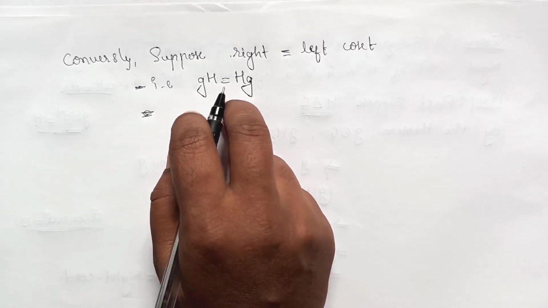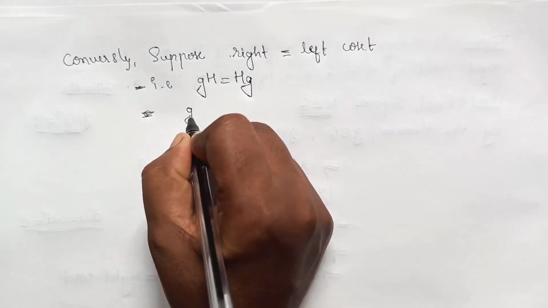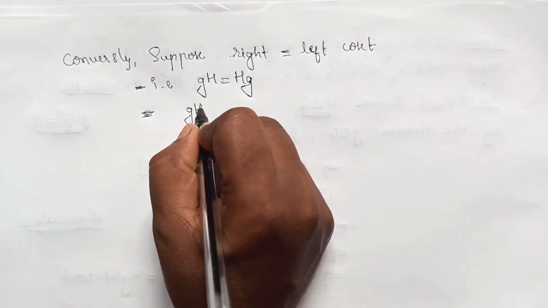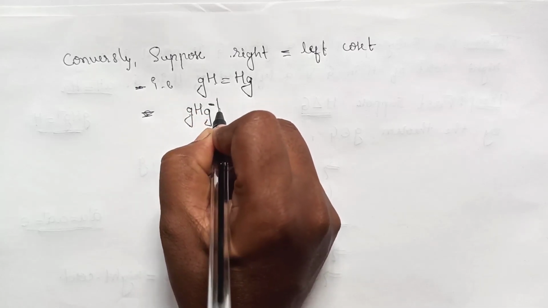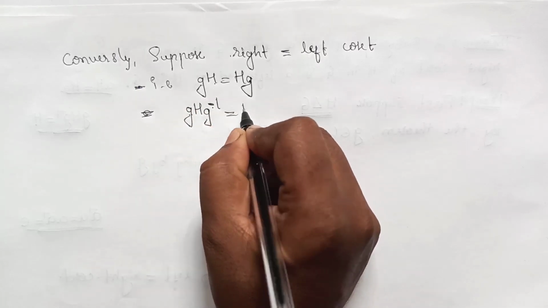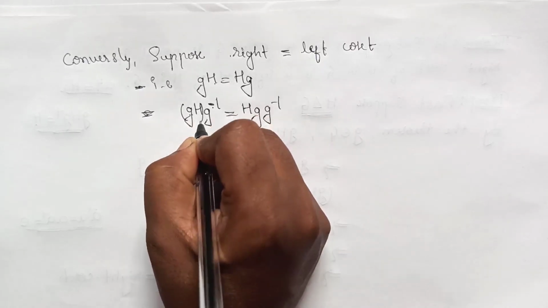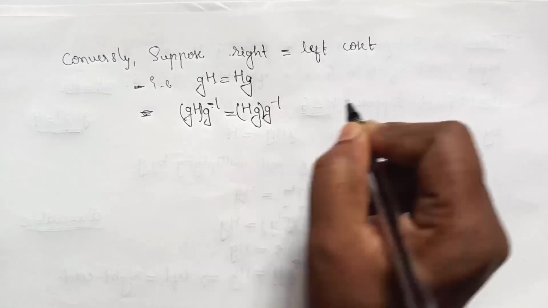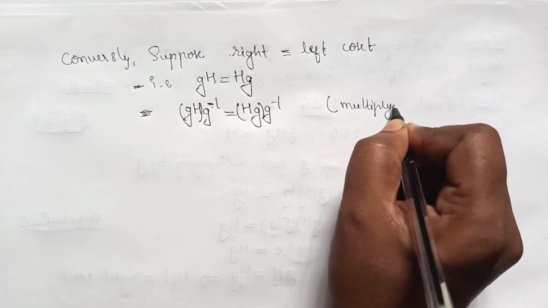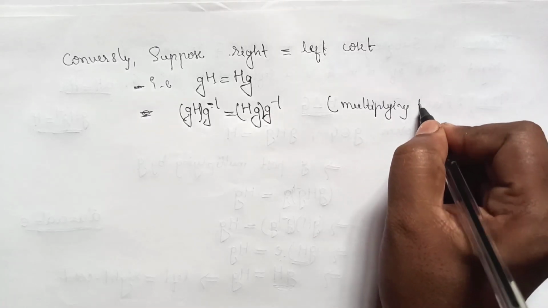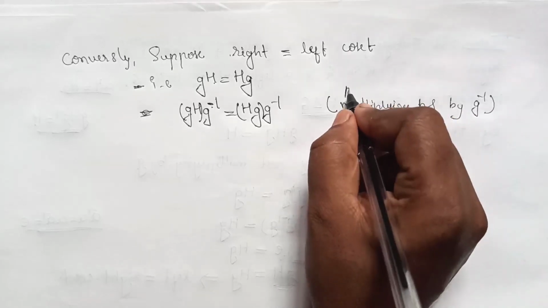Now here I will operate both sides by g inverse, that is, again we post multiply both sides by g inverse. gH as it is, here multiplying with g inverse, equals Hg, again g inverse, or you can put a bracket here. That means multiplying both sides by g inverse, or you can write it as post multiplying.